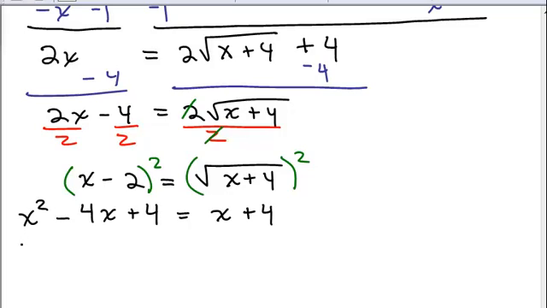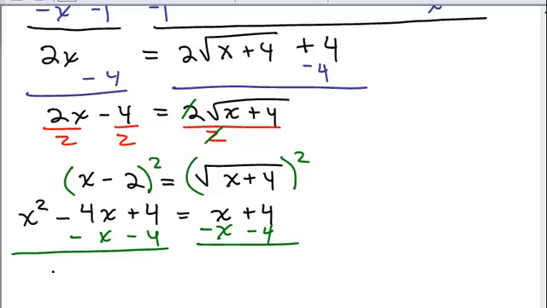Now I have a quadratic. I have an x squared. That means you need to set the equation equal to 0 and factor. So if I subtract x and 4 from both sides, I'll have 0 on the right-hand side, which is x squared minus 5x equals 0.